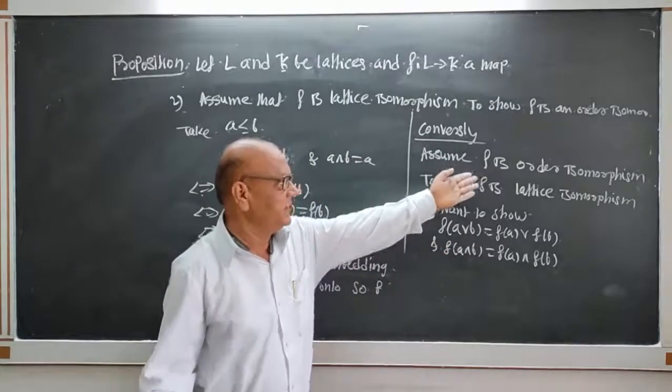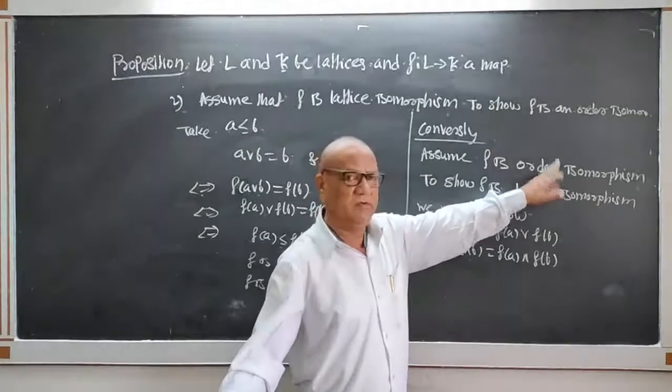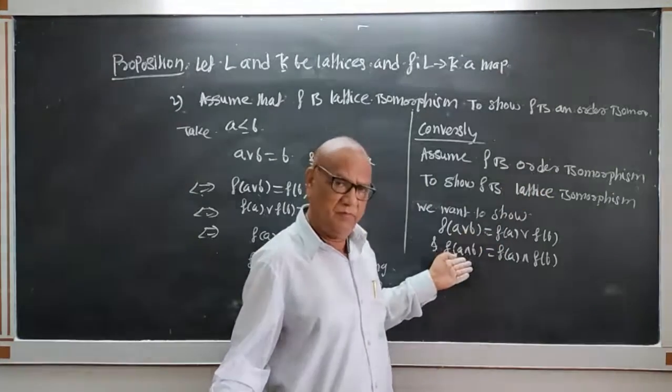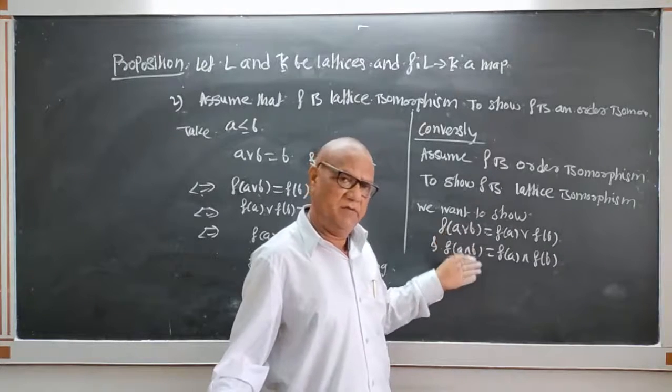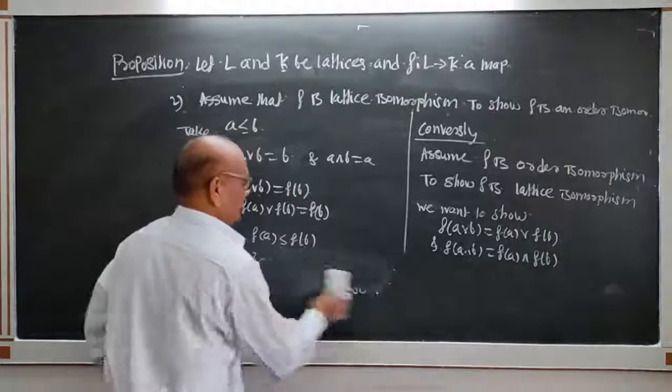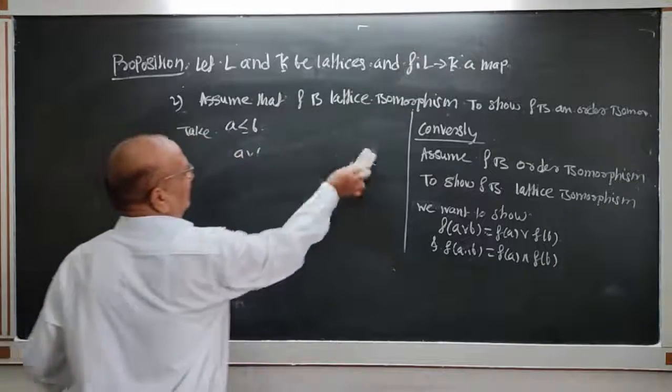These two give a homomorphism, and f is one-one and onto, so it is a lattice isomorphism.